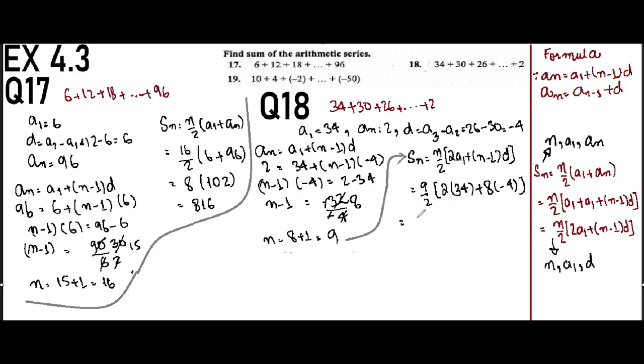It is equals to 9 by 2 into 2 into 34 gives us 68, and 8 into minus 4 gives us minus 32. So this is equals to 9 by 2 into 68 minus 32 gives us 36. 2 18s are 36. 9 into 18 gives us 162. So this is our answer for question number 18.